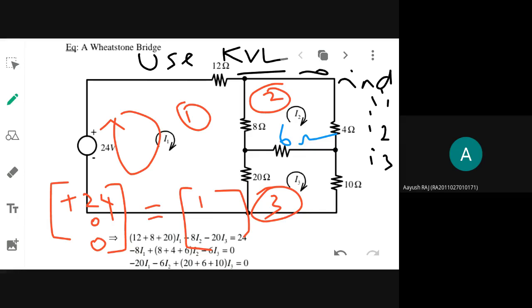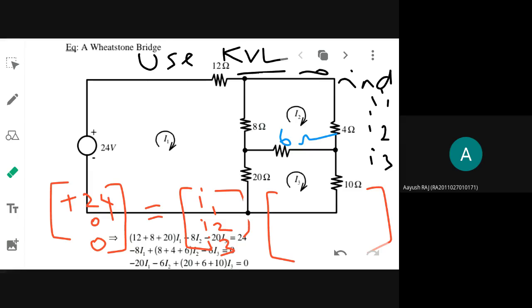Then comes your I1, I2, I3. Okay. Now how will you write R1,1, R1,2, R1,3? What is your R1,1?